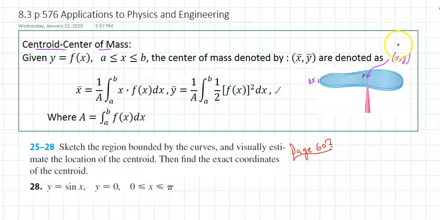It turns out, to figure out what x bar is for this centroid, it's 1 over A, the integral from a to b of x times the function f of x that describes this lamina, and y bar is 1 over A times the integral from a to b of 1/2 f of x squared dx, where f of x is what describes this lamina, where this A is actually just the area, the integral from a to b of f of x dx.